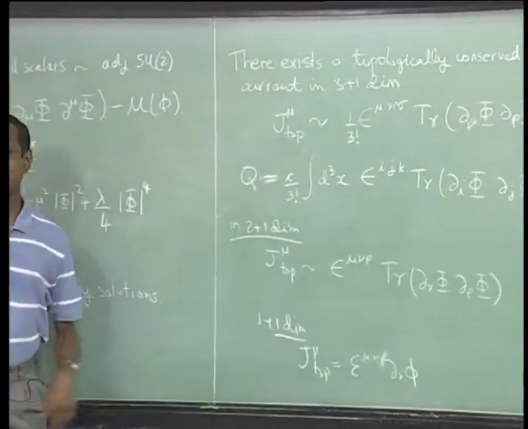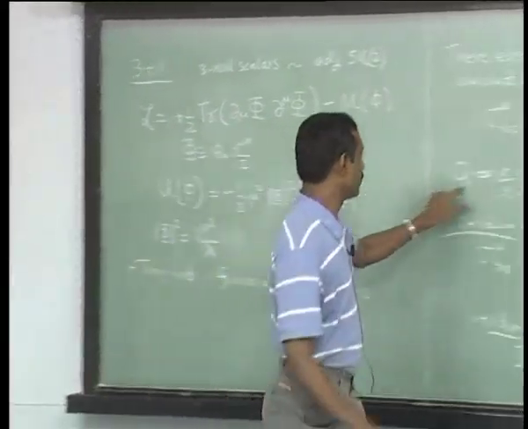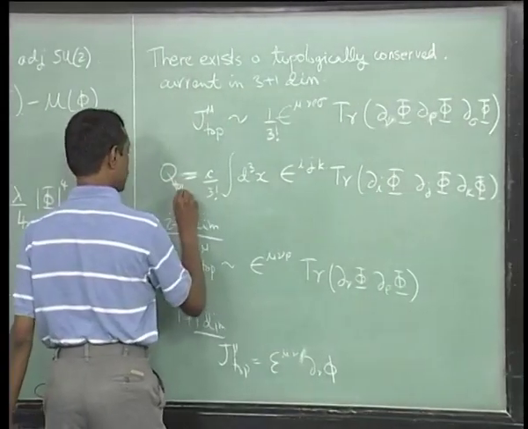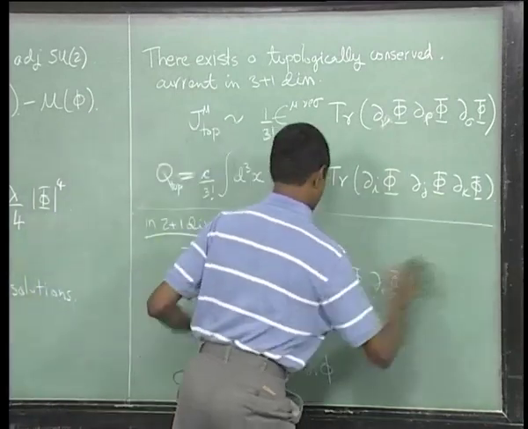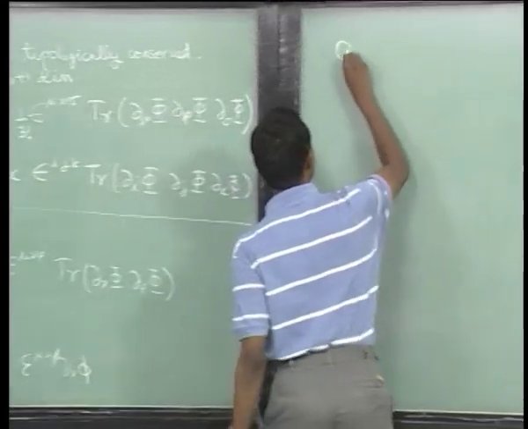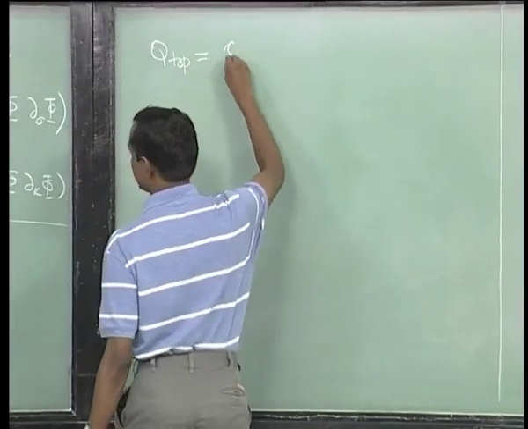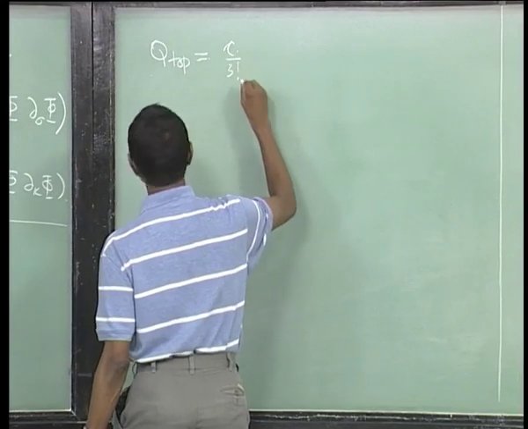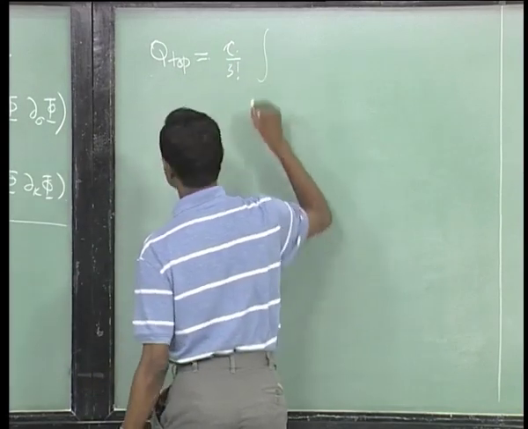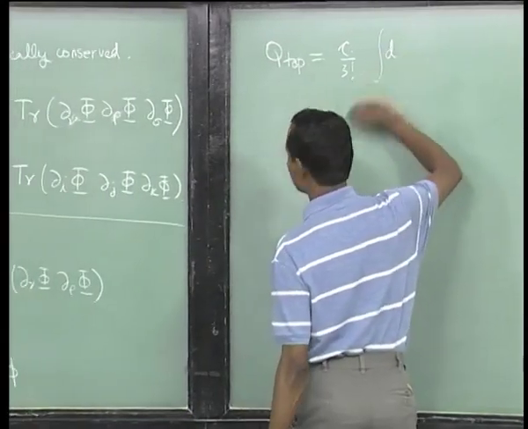So this particular charge can be written as a surface integral. So, Q topological will be some constant divided by 3 factorial, should it be 3 factorial or 2 factorial, does not matter, that we can absorb in the constant.